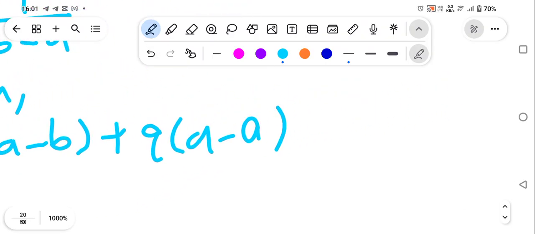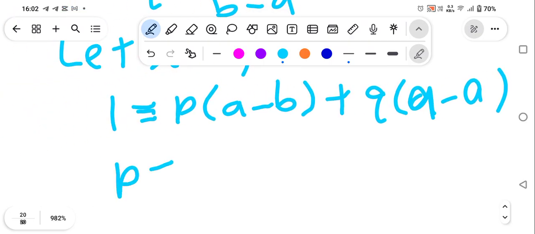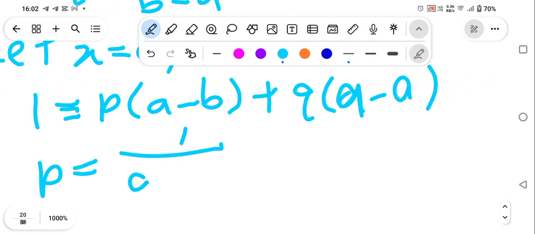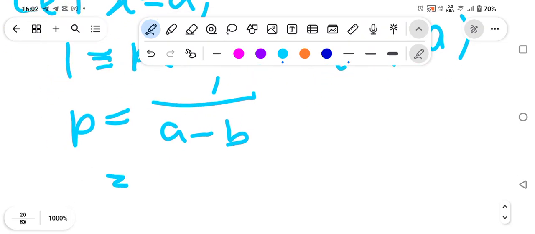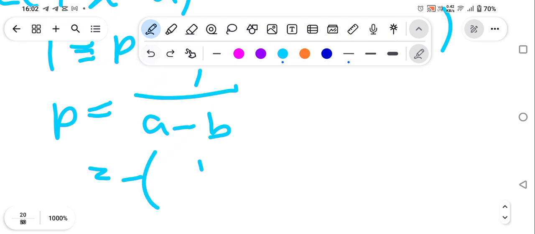So now this term will be equal to 0, and then we have p equals 1 over a minus b, or negative 1 over b minus a.